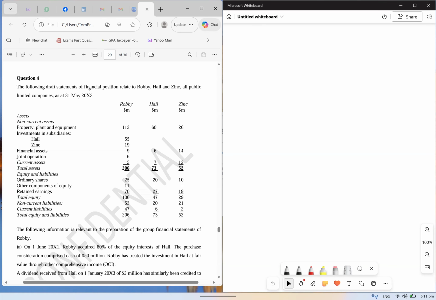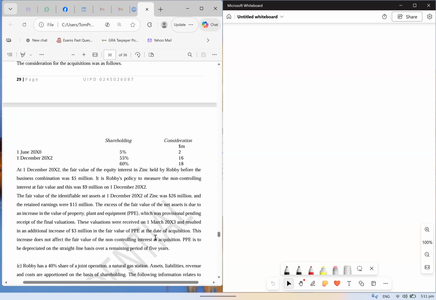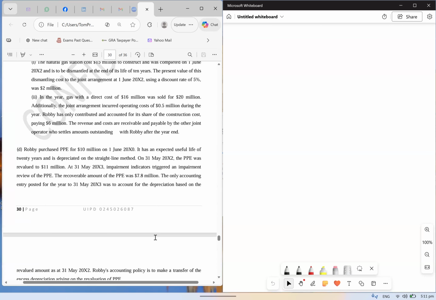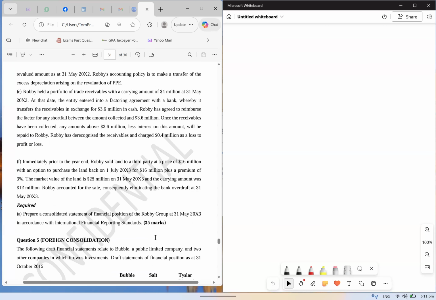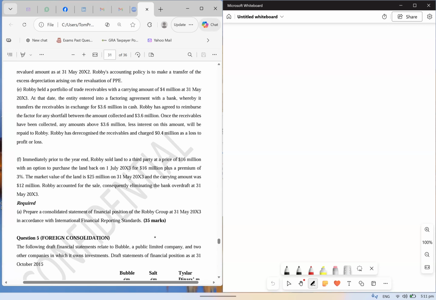So as usual, your approach to solving a consolidated P&L or balance sheet is to look at the requirements first. If you check the requirement, you are supposed to prepare a consolidated statement of financial position, and that is exactly what you start.